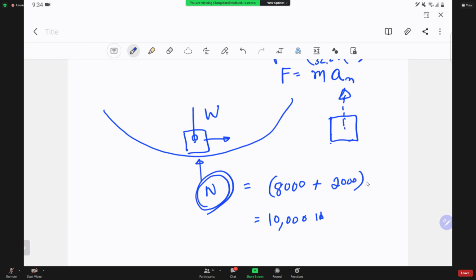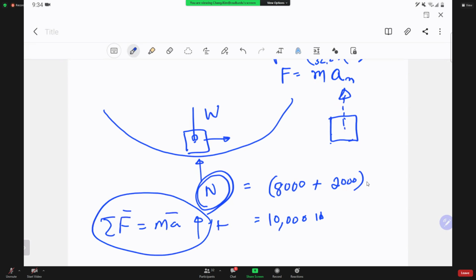So that's what it is. Basically, you're putting the summation of the forces equal to MA. In this case, I'm taking the upward direction as positive.